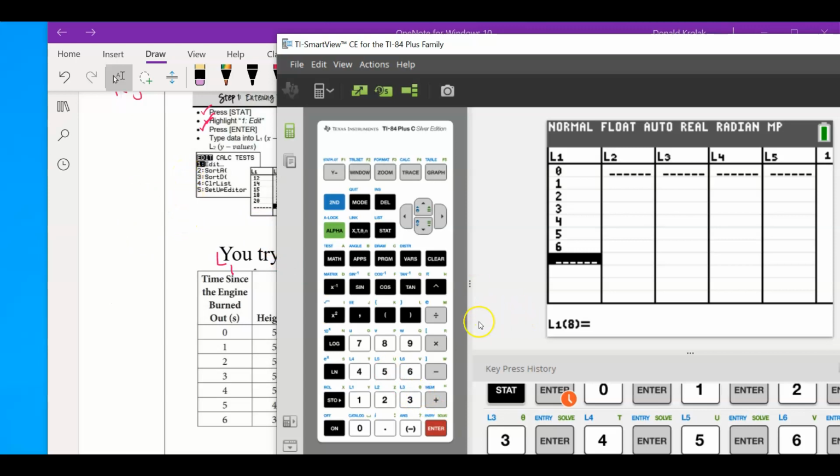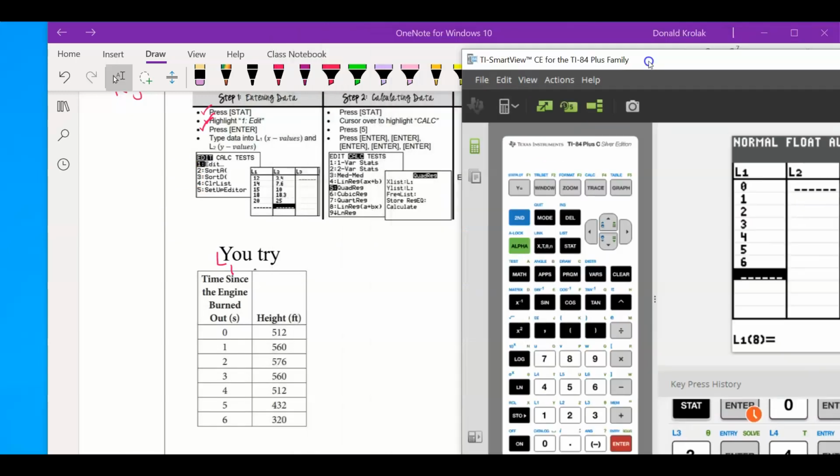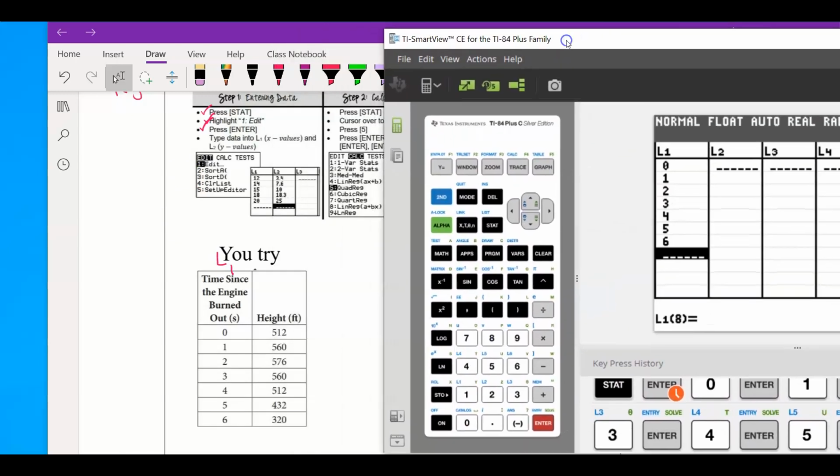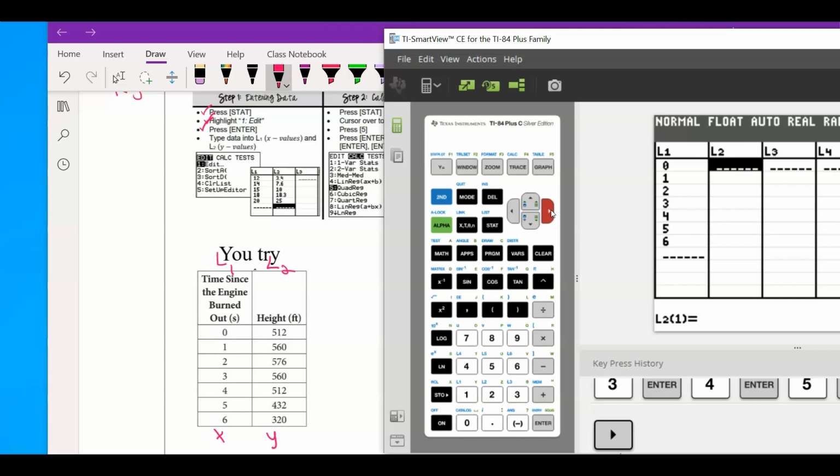And then in L2, you're going to put in your Y values. So that's these. This is going to be L2. This is your X's. So you just use your gray arrow keys, and it takes you up to the next row. And then you type in those values.